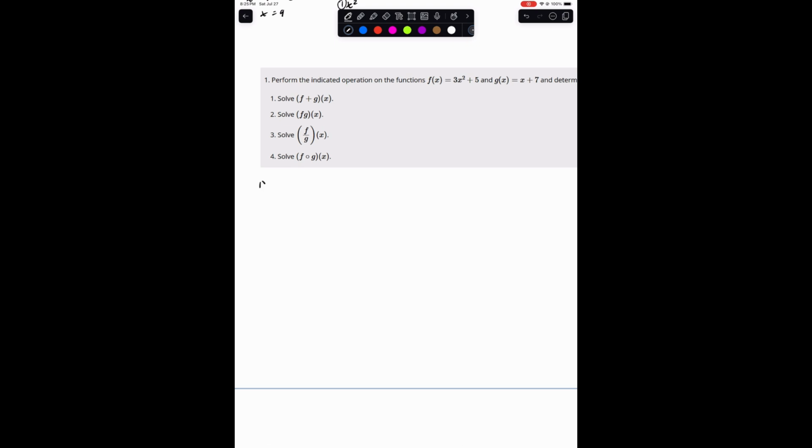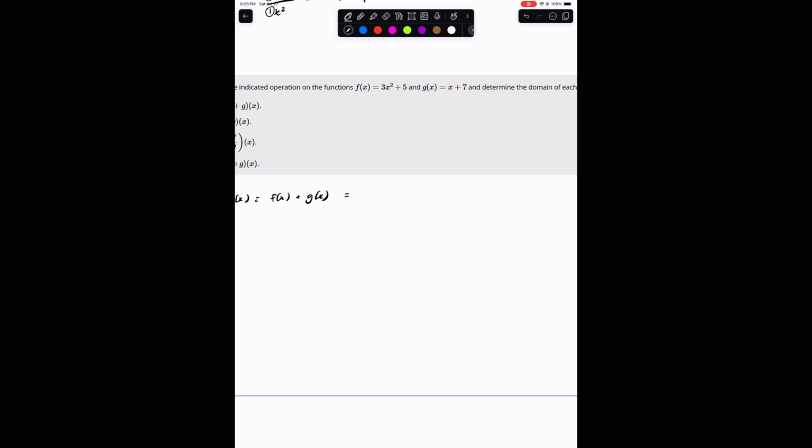So for 1, f plus g of x is f of x plus g of x, which is 3x squared plus 5 plus x plus 7. Actually, let me color code. That might be easier for you. We'll do blue for f of x, pink for g of x. So you have f of x plus g of x.